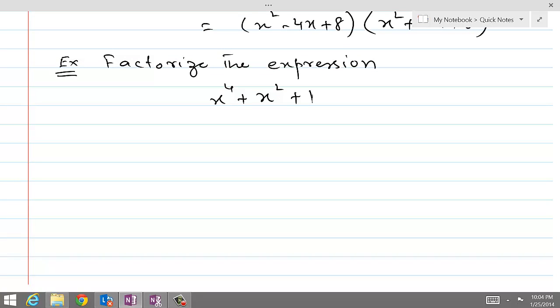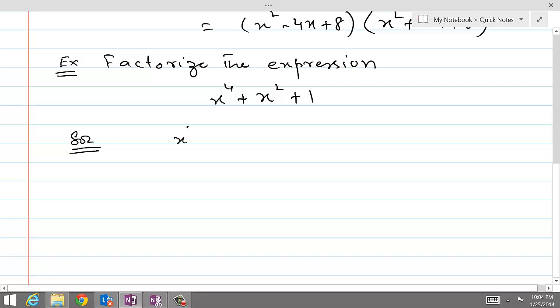It is not a difference of perfect squares, but by completing the square we can reduce it to the form of a difference of perfect squares.